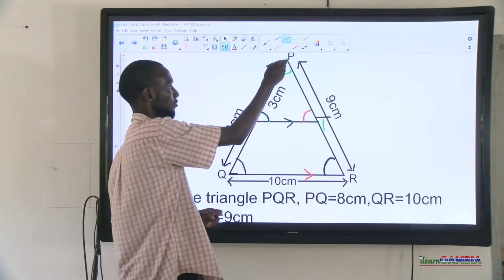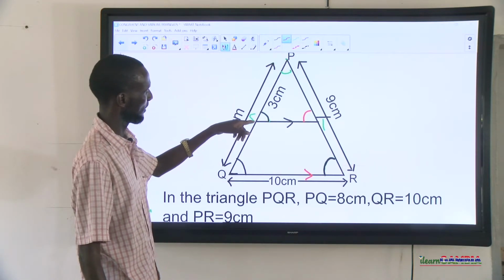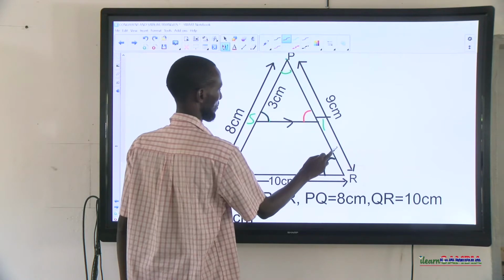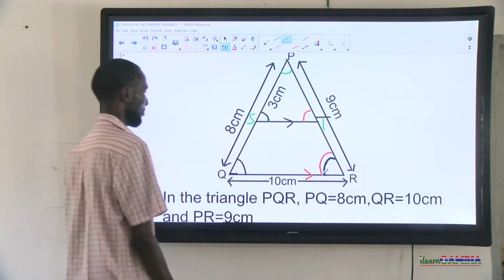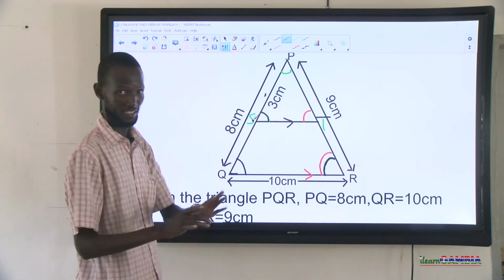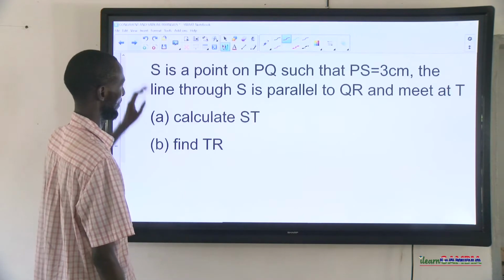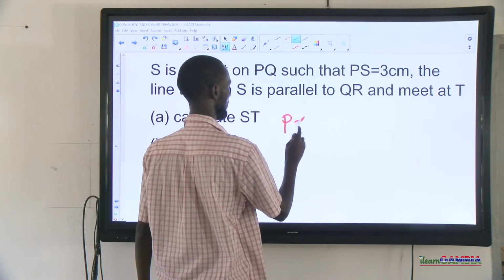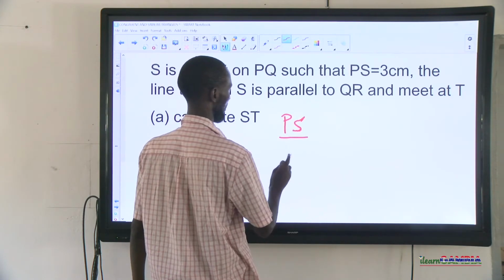So if you take those two sides as a ratio, PS and ST, that will say PS over ST.